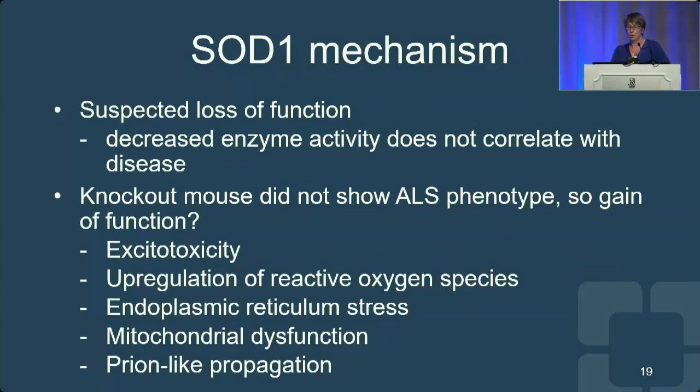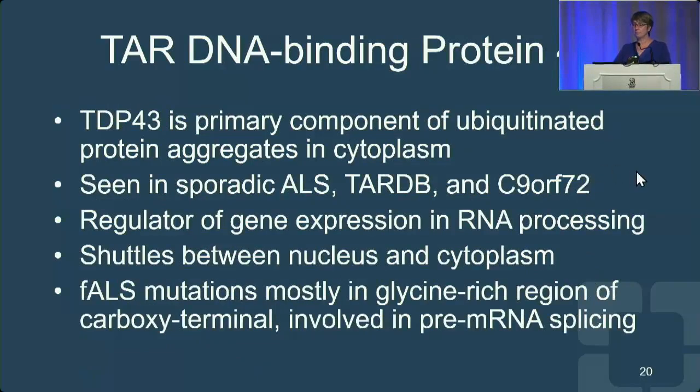Knockout mice didn't show any kind of problem with the ALS phenotype, so maybe it's gain of function. But it still isn't quite clear what that is. So is it excitotoxicity? Is there a mitochondrial dysfunction? Still a lot of questions about what the underlying reason is that the SOD mutations cause the pathophysiology that they do, or cause the clinical pathology that we see.